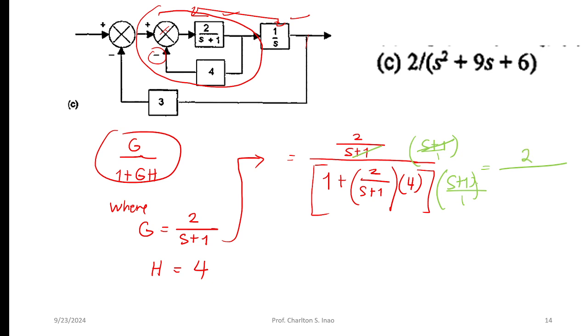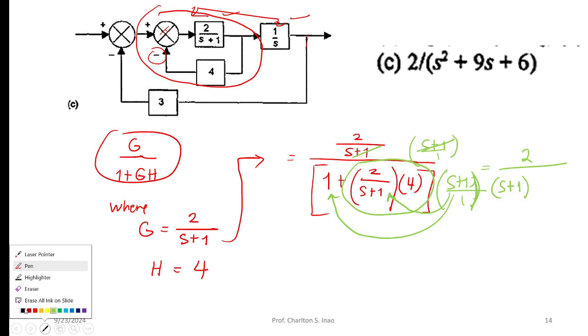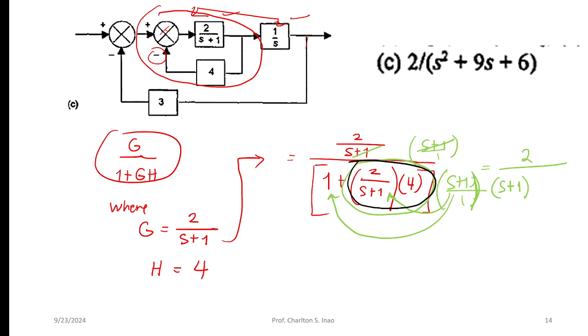Then here, s plus 1, right? You have to multiply this with this and multiply this with it, right? So when you multiply s plus 1 with 1, it's going to be s plus 1, right? But this one, if you multiply this with this whole thing, right? So this whole thing here with the black circle, s plus 1, s plus 1, that's going to be cancelled out.